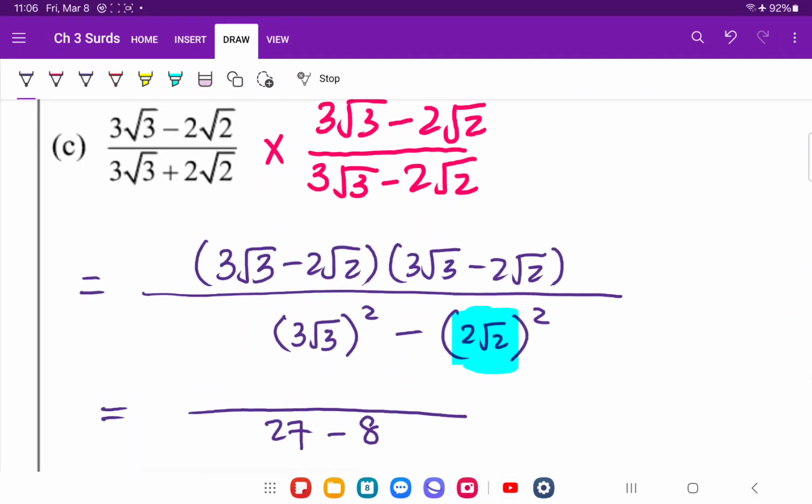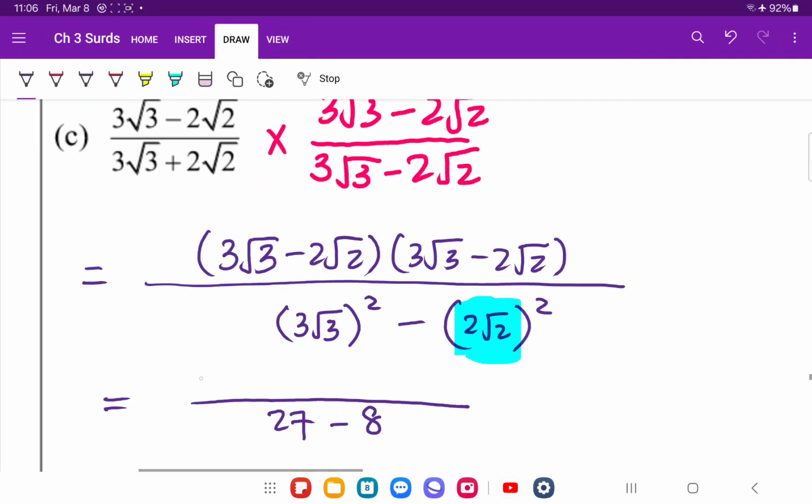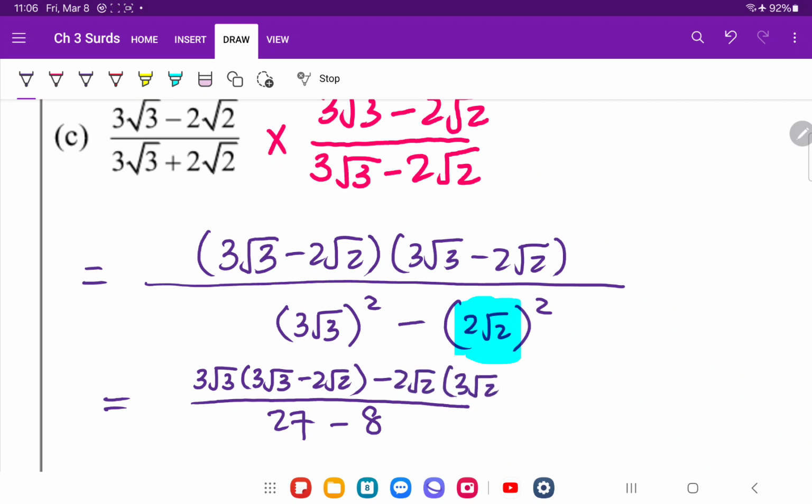Let's expand this slowly. So 3 square root 3 times 3 square root 3 minus 2 square root 2 minus 2 square root 2. Okay, just do your rainbow. This is a Secondary 2 technique. But write the things properly, if not you may see the wrong things.